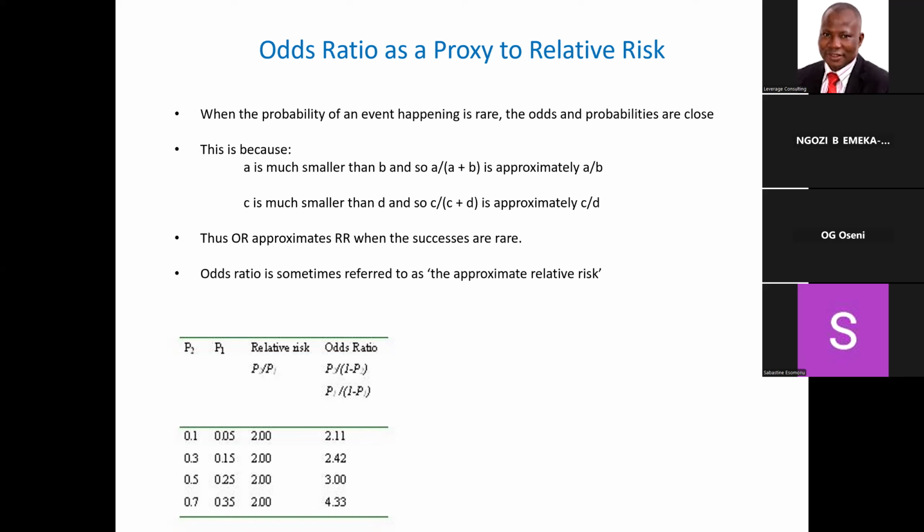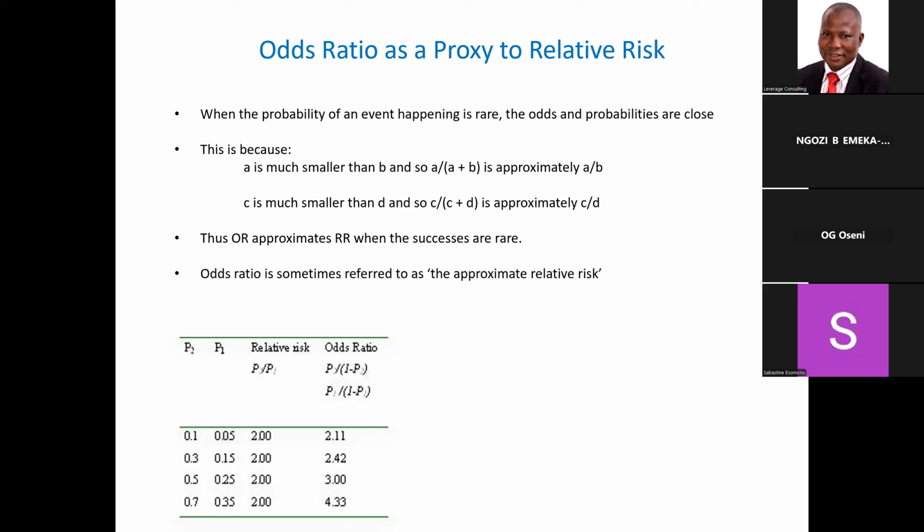In fact, I demonstrated that in one of the initial slides last lecture. When the prevalence of a disease is very, very small, the odds and probability, which is the risk or the prevalence, are very close. The prevalence is the probability of the risk.